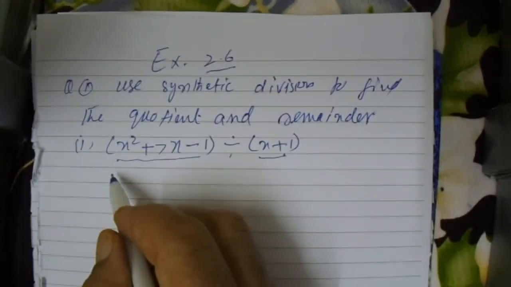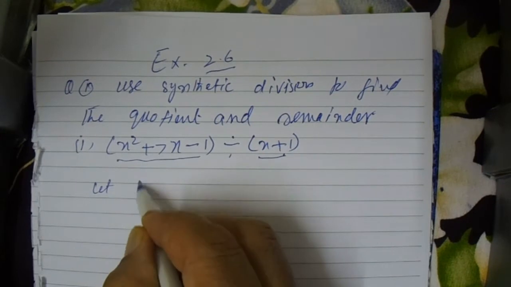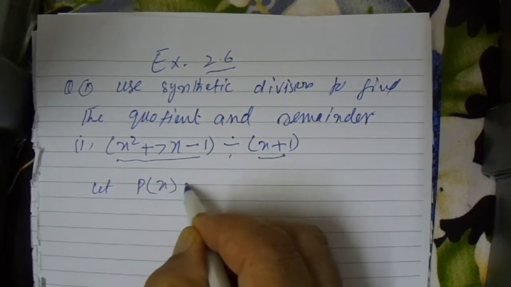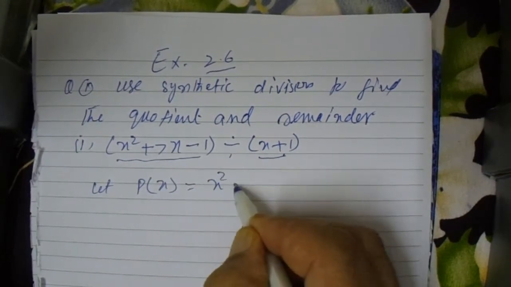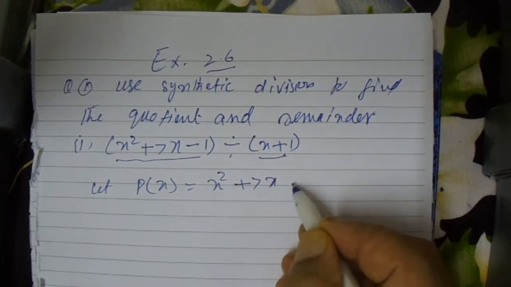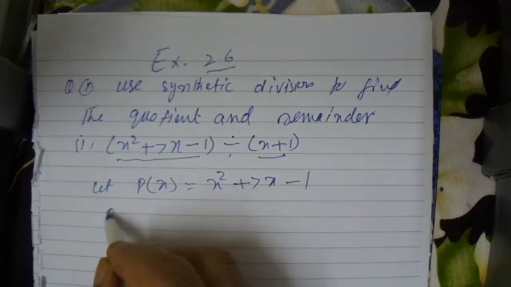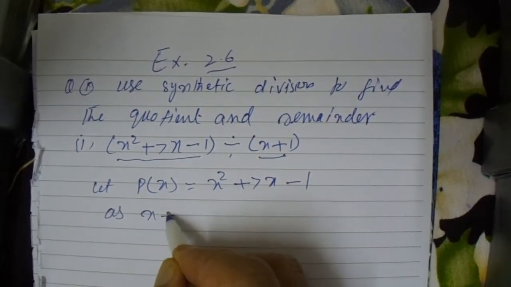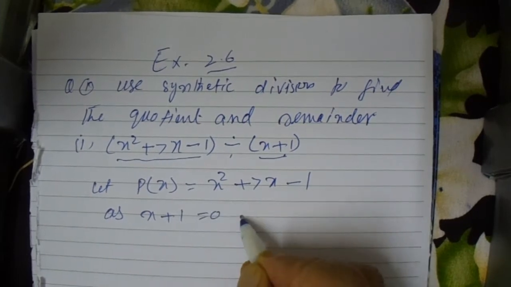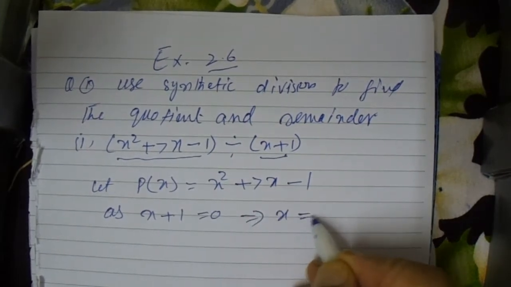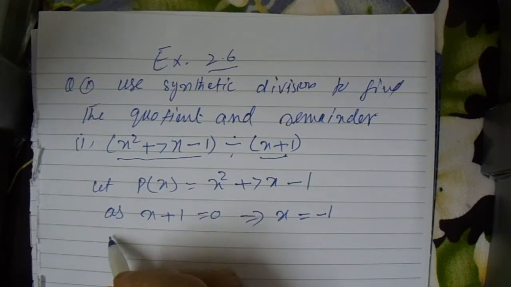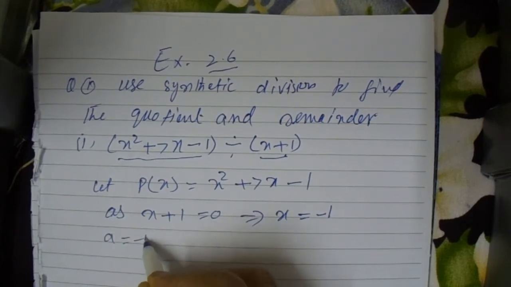Now we write first, let p(x) is equal to x square plus 7x minus 1. As x plus 1 is equal to 0, here x is equal to minus 1, it means a is equal to minus 1.